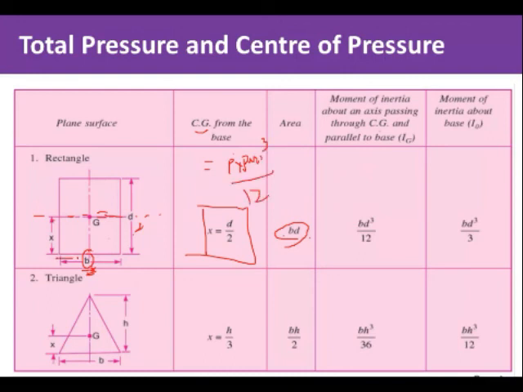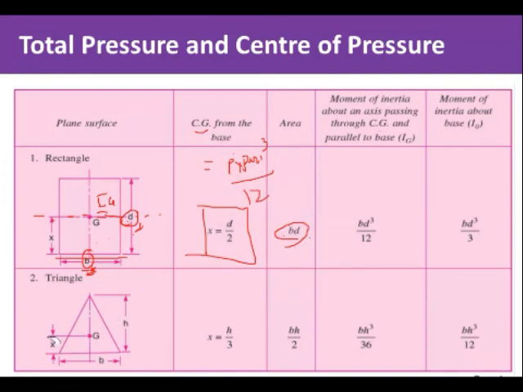So you are calculating Ig parallel to b, so it will be b into d cube divided by 12. But if you are taking the base as d, then the moment of inertia will become d into b cube divided by 12. So the simple formula is parallel side into perpendicular side cube divided by 12, so bd cube by 12.